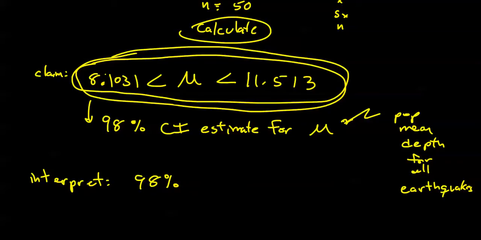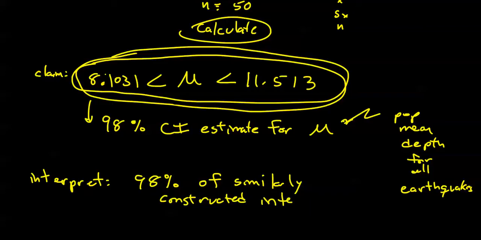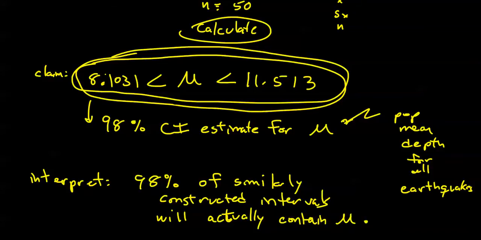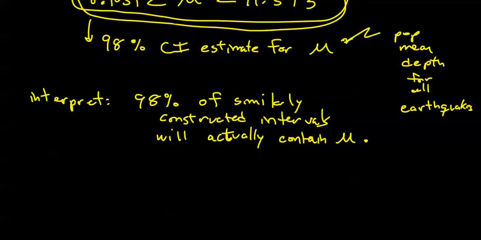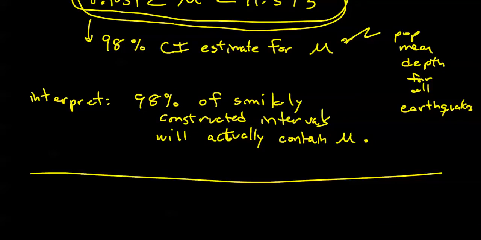A little more formally, I could say this: 98% of similarly constructed interval estimates will actually contain mu, the population mean. We'll never know for sure, but here we could be 98% sure. So the notions of it are largely similar to what we did in 7.2, but again, we're estimating a different quantity here, namely a population mean.